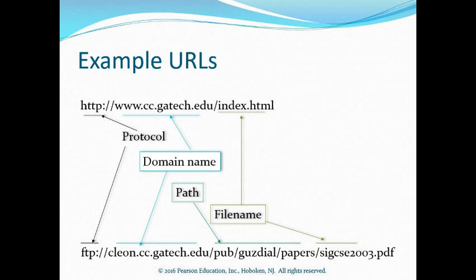And then again, like we mentioned previously, there's a DNS, or domain name server, which actually will translate www.cc.gatech.edu to something as simple as a 4 byte IP address, something like maybe 10.10.1.1, something to that effect.